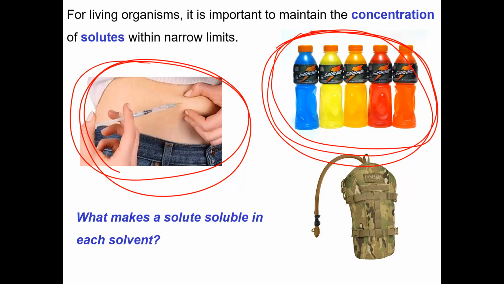So why is it that electrolytes, ionic compounds, have good solubility in water, but insulin, a small peptide, we inject into a fatty part of our body? What is it that makes these solutes soluble in each of these solvents?